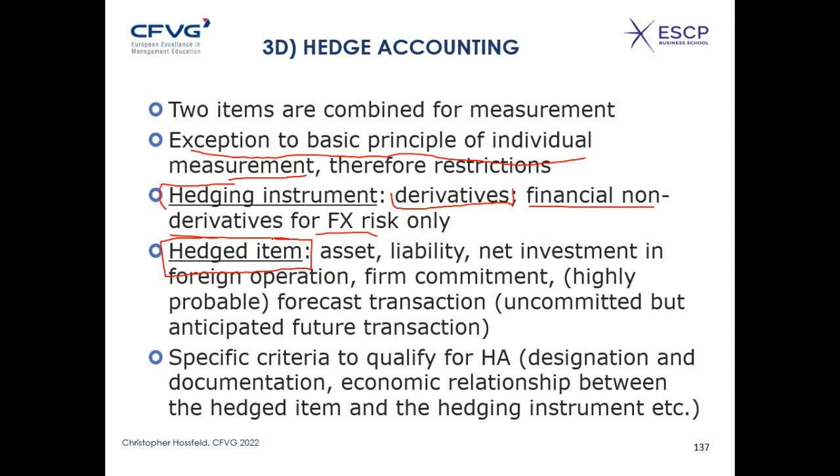Well, I can hedge this firm commitment against the foreign exchange risk, for example, because I'm afraid that when I pay $1 million in 6 months, the dollar is much more expensive than it is today. And as of today, the ordering of the machine obviously is not in my balance sheet, but it generates a risk, and therefore I can hedge it.